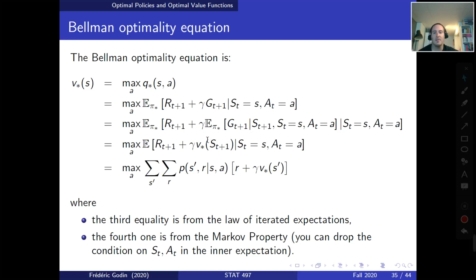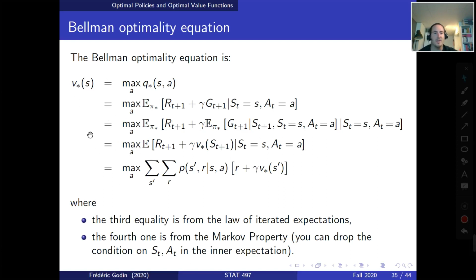The only thing that's left is to express the expectation over both the next reward and the next state. So it's a sum across all possible next states and rewards of their joint probability given current state and action, times the reward plus gamma times the value function at the next state. This is the Bellman equation which needs to be satisfied for the optimal value function.